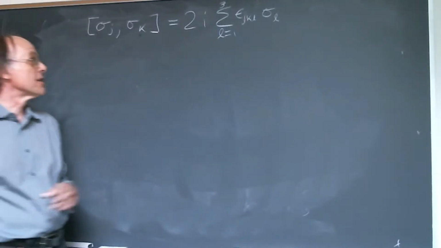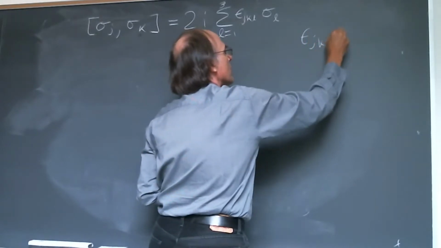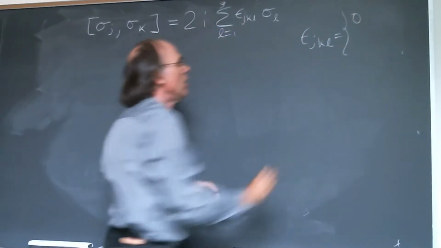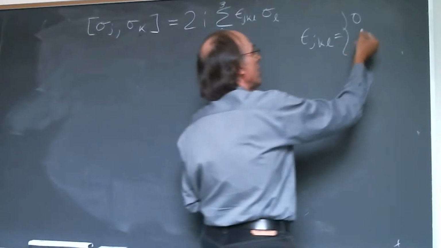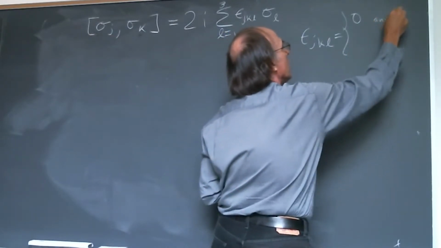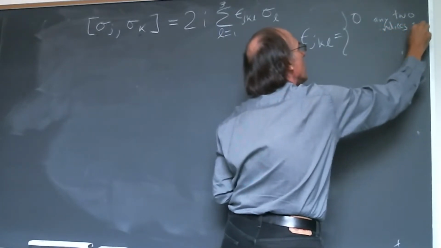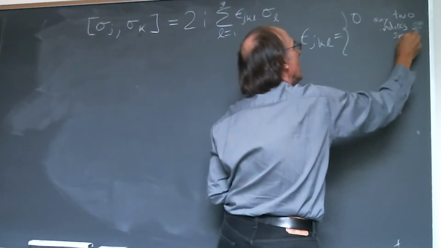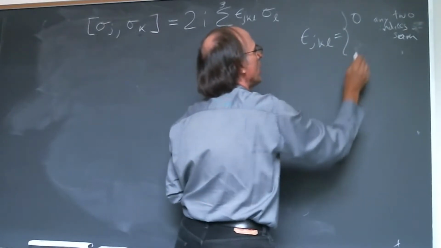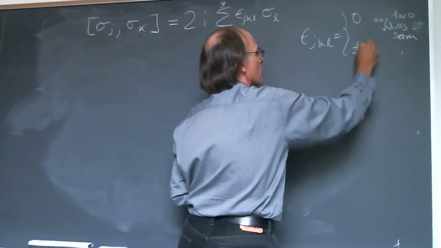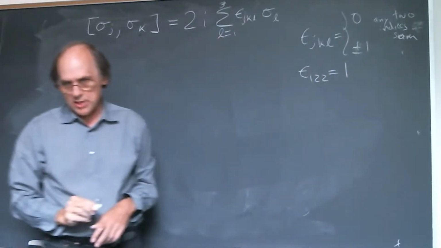Maybe you've seen this before. It's equal to 0 if any 2 indices are the same. Otherwise it's plus or minus 1, and we have that epsilon 1, 2, 3 is plus 1.